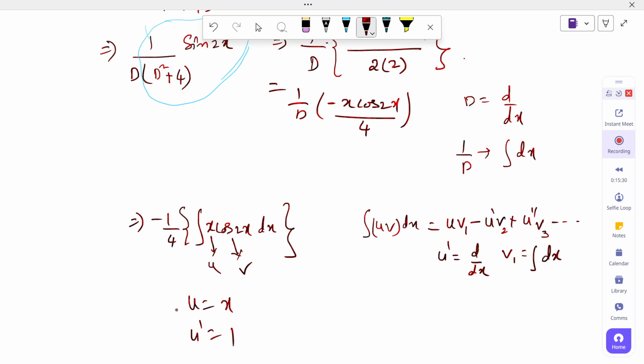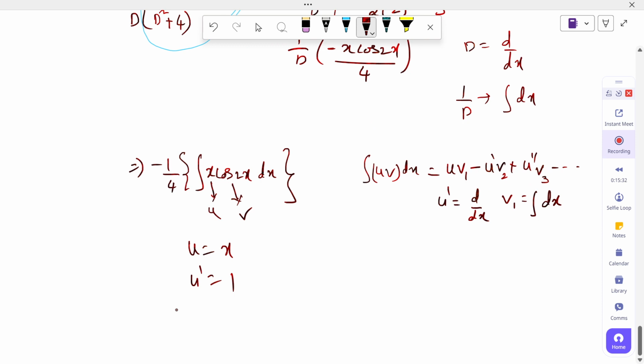If you go for the next differentiation of a constant, it equals 0. However many terms you go on, it is going to be 0. Then integration, your v equals cos 2x.